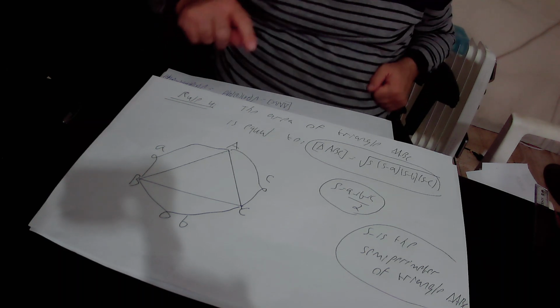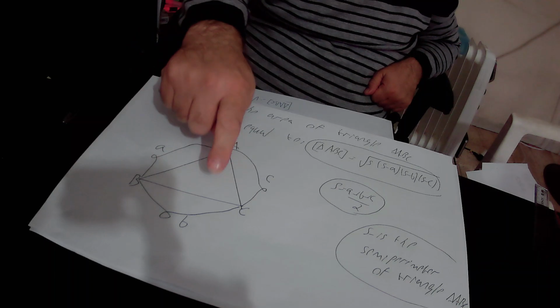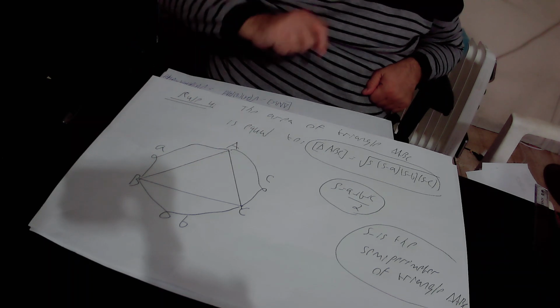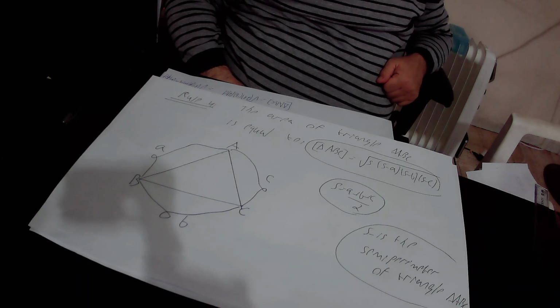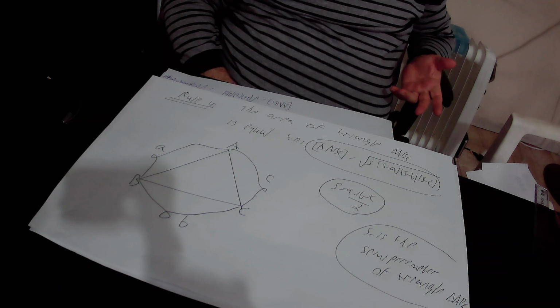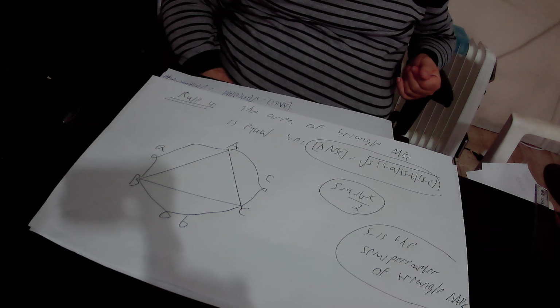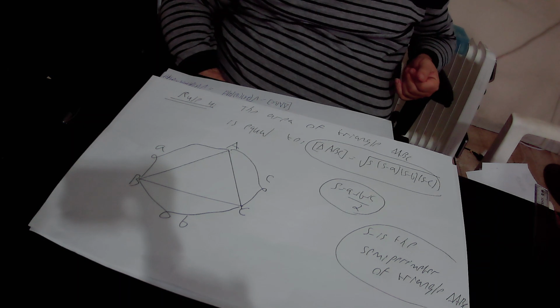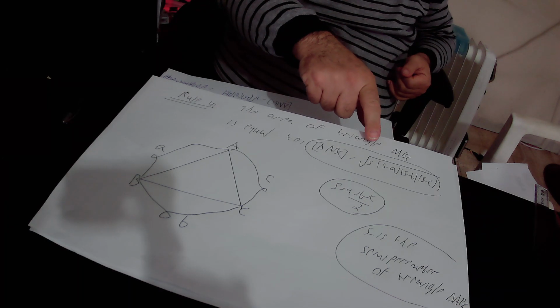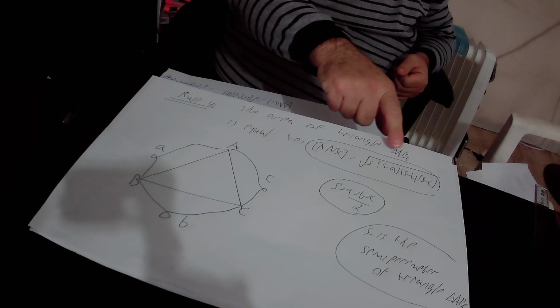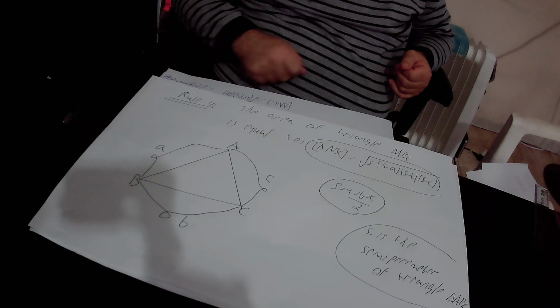The length of side AB is A units, side BC equals B units, and side AC equals C units. So the area of this triangle equals the square root of S times S minus A times S minus B times S minus C.